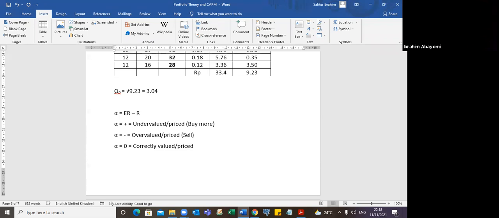So you cannot make a gain by buying more of the shares, nor by selling the one you have at that existing price. That is for a stock that is correctly priced. So these are the three scenarios you can have: undervalued, overvalued, and correctly valued or priced.